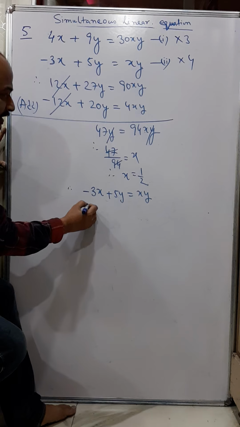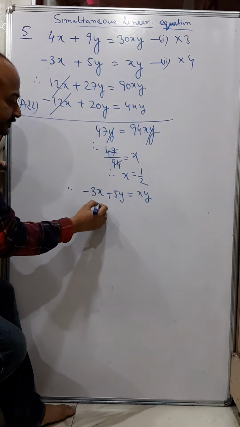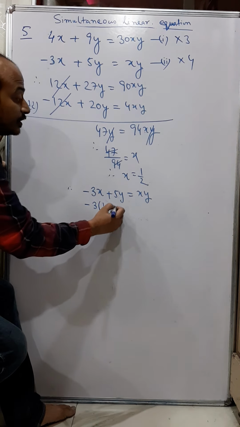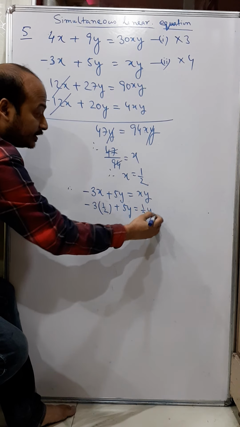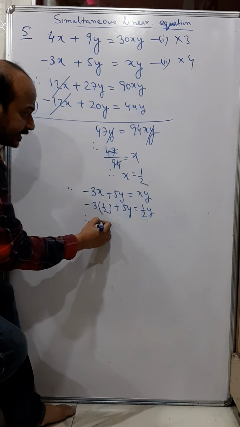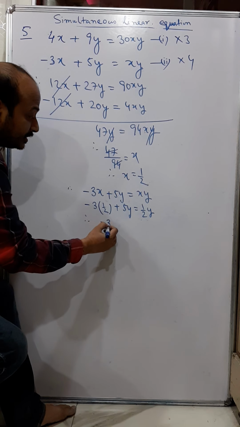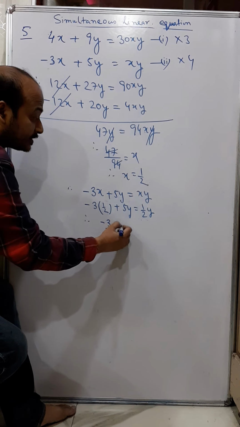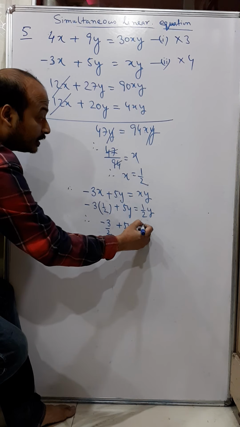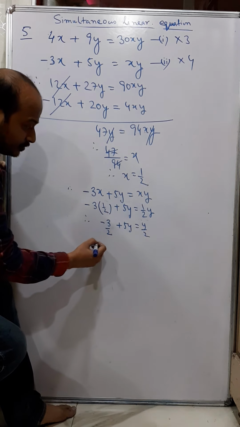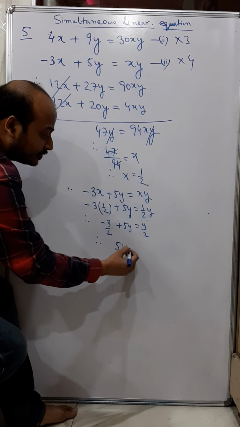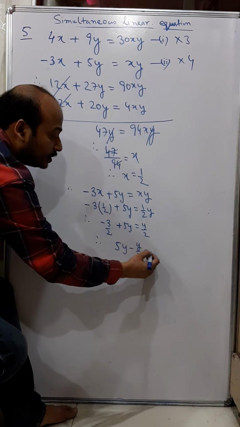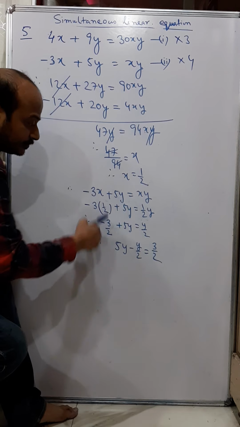So we get minus 3 into half plus 5y is equal to half y. So this one we get as minus 3 by 2 plus 5y is equal to y by 2. And then bringing all the y on one side, I can see it is 5y minus y by 2 equals 3 by 2, right?